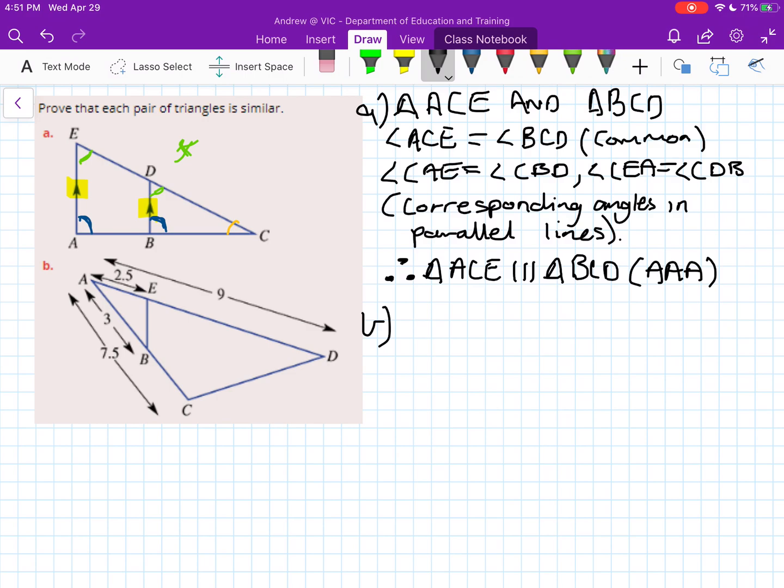Okay? Now B. We're going to be looking at two triangles here. First, we've got triangle ABE, and we've got triangle ADC. Okay. So just note, this one is a little bit different from our last question.